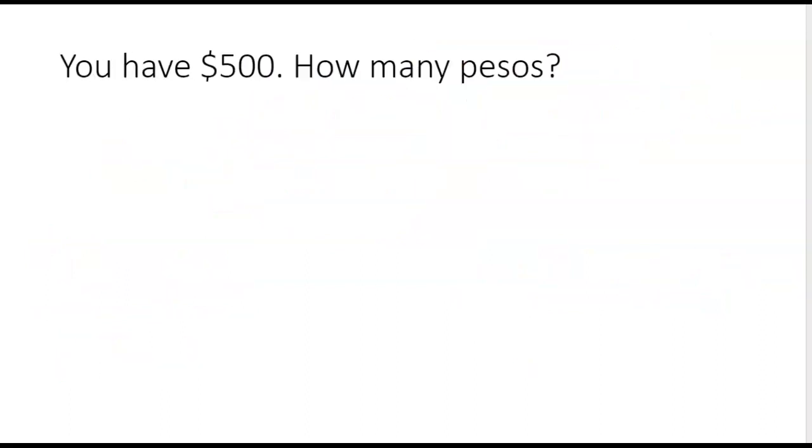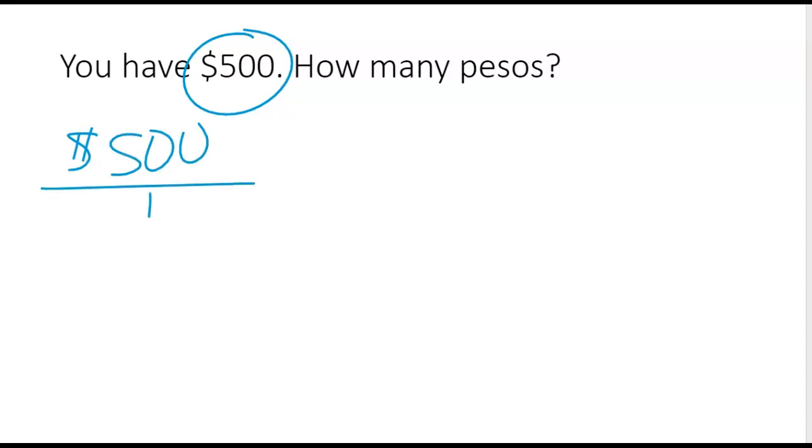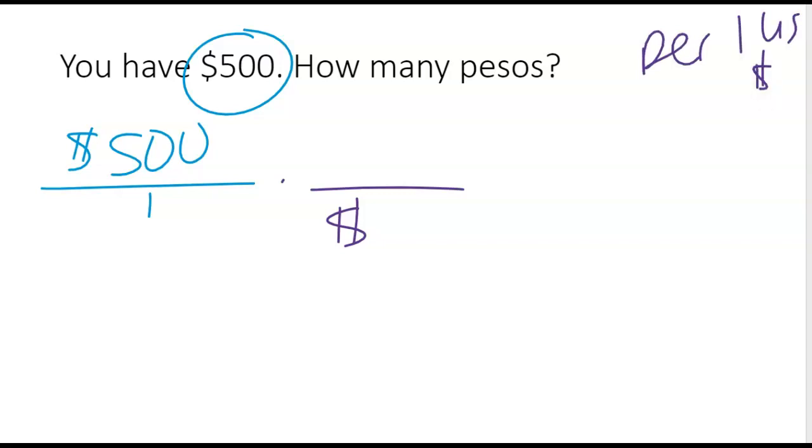You have $500. How many pesos is that? Okay, so first things first, we start with 500 US dollars. So knowing how to do conversions, we know that we need US dollars in the bottom. So that means we're going to use the second column. We're going to use the per 1 US dollar column, and we're going to use the Mexican peso.